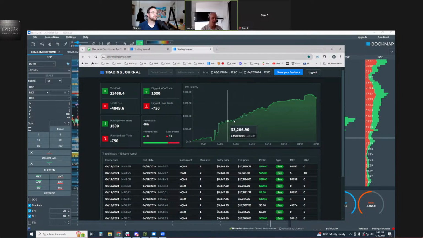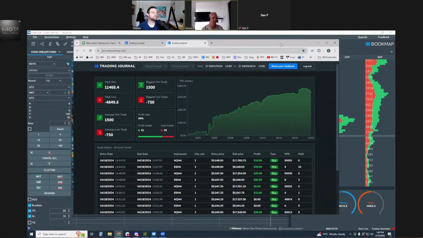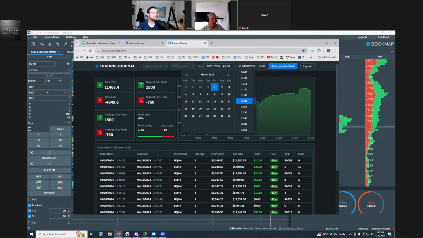This is our minimum viable product at the moment. We're going to do a lot more with this. You're going to be able to spin all sorts of numbers, all sorts of metrics. So this is what we have at the moment, and you can see some of the metrics down here. Let me go back to April, so it just kind of simplifies things. Okay.